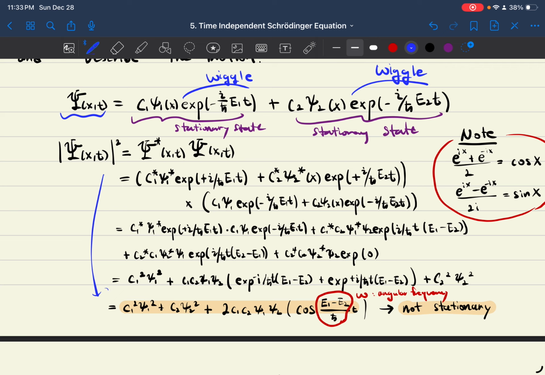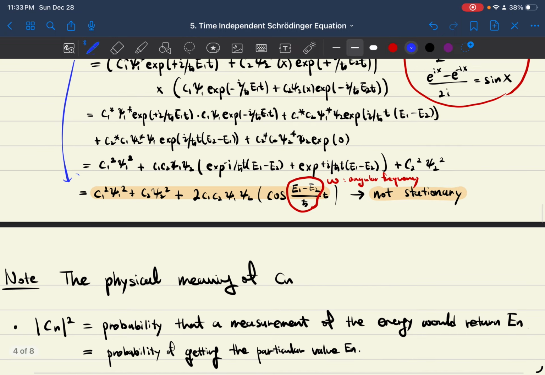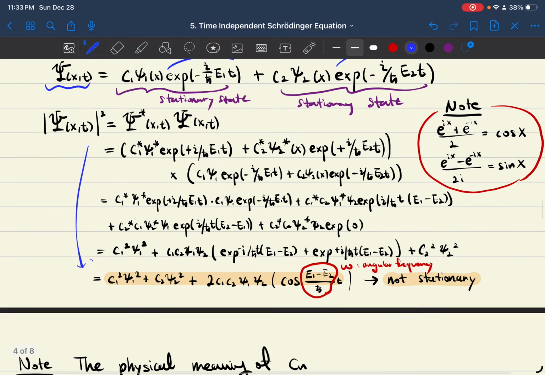This can be treated as some contradiction, but in quantum mechanics this case can happen: one guy is a stationary state and the other guy is a stationary state, but the sum of the guys is not a stationary state. So the probability density has time dependence, so this original psi is not stationary.